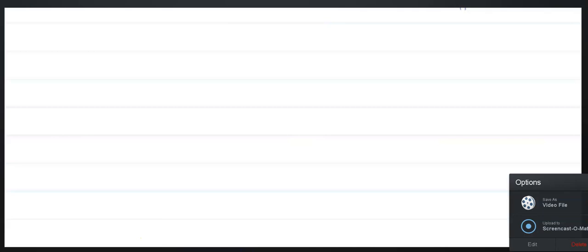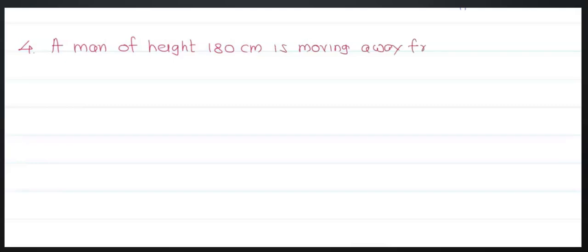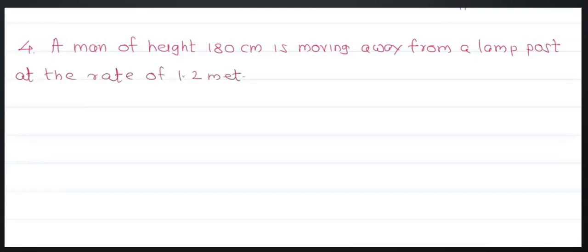Now next is a man of height 180 centimeter is moving away from a lamp post at the rate of 1.2 meters per second.